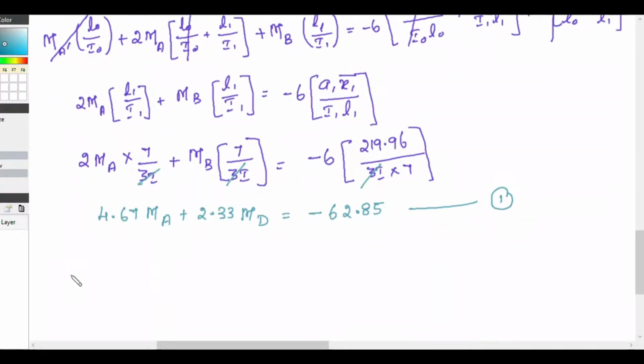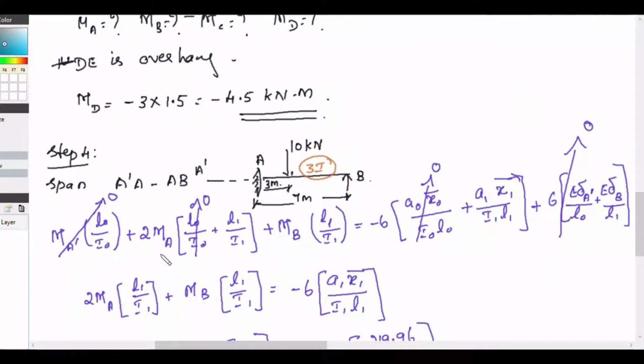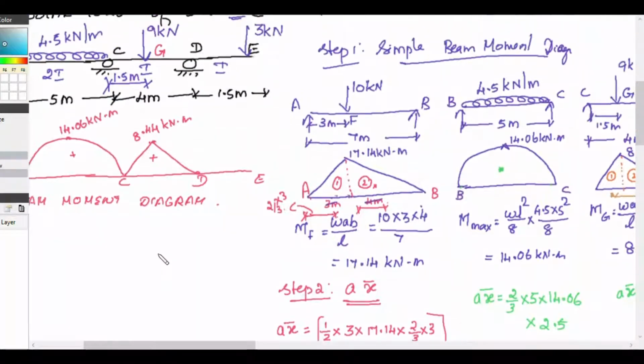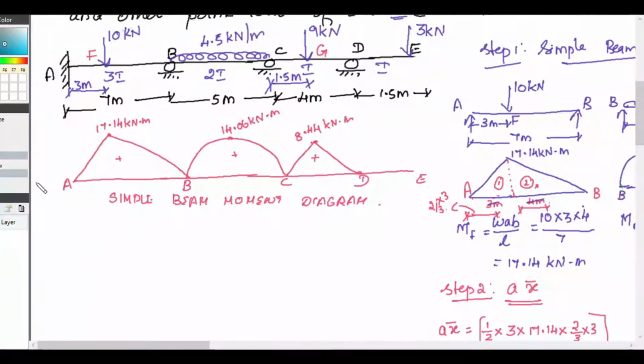Now we will go for the second set of span, that is span AB, BC. This is our second set of span. So you can see here there was an imaginary span A dash.